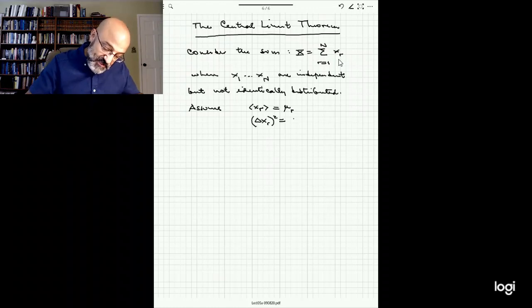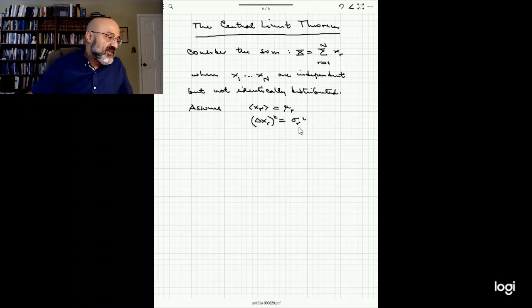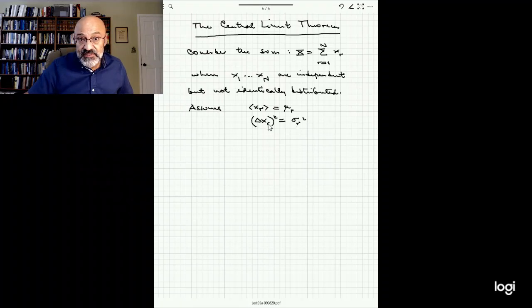We're going to call it sigma R. Notice that they depend on R, so that all of these microvariables have different distributions with different means and different variances. And in particular, these probability distributions do not have to be binomial.